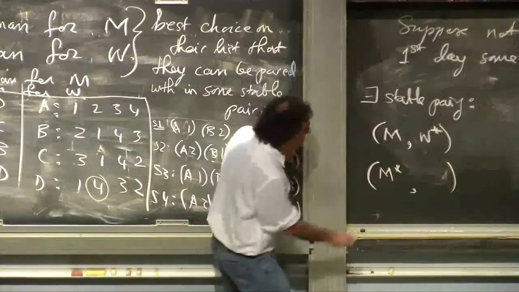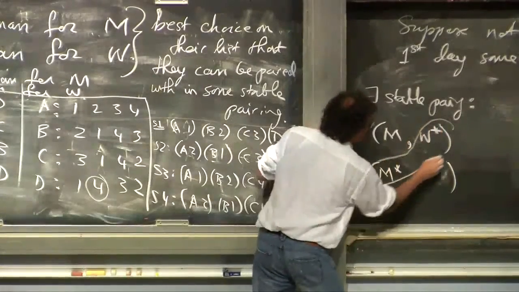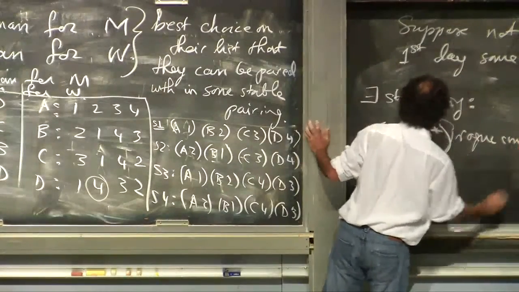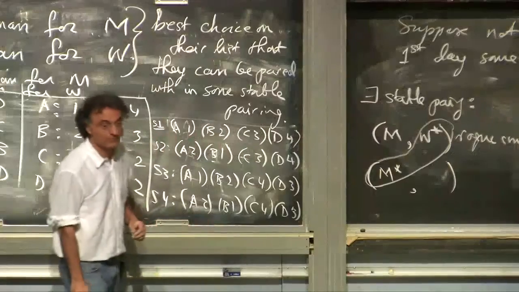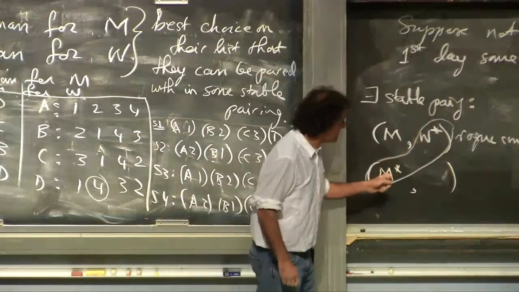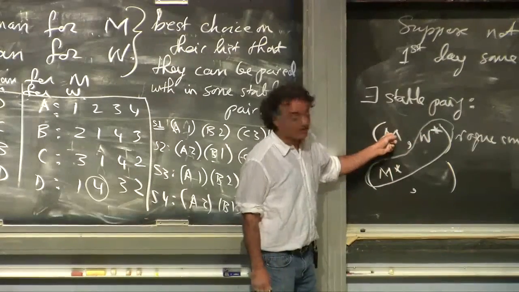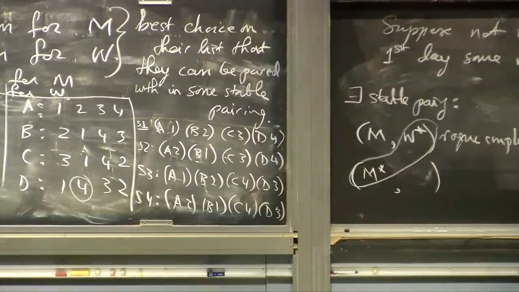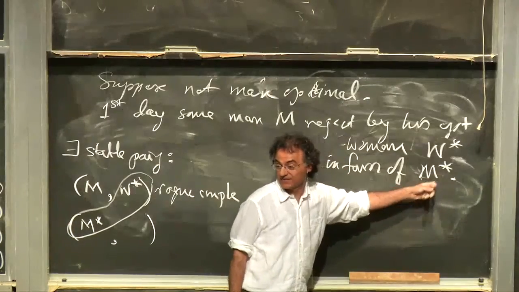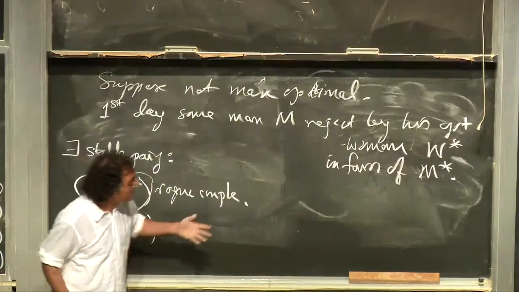Now I claim that this is going to be a rogue couple. Why? Well, W star obviously prefers M star to M, right? Because she rejected M in favor of M star. We have evidence.